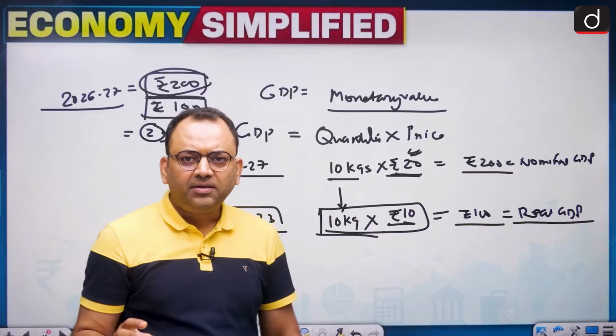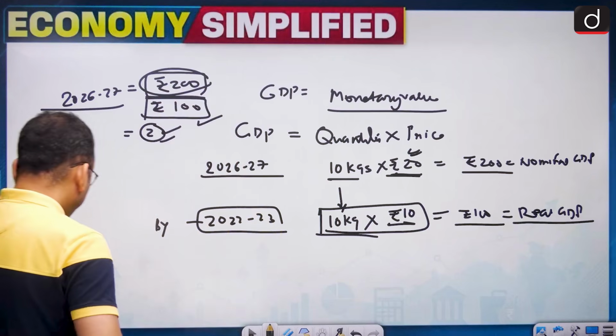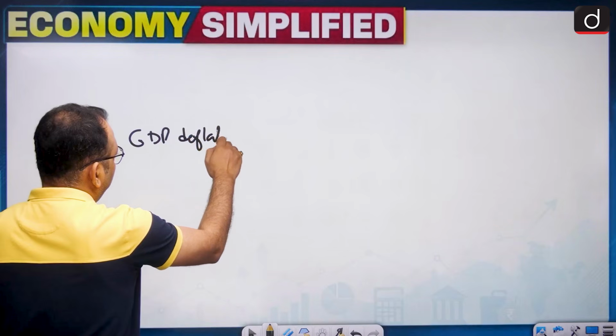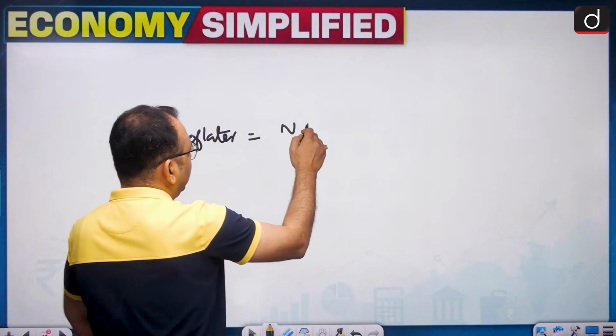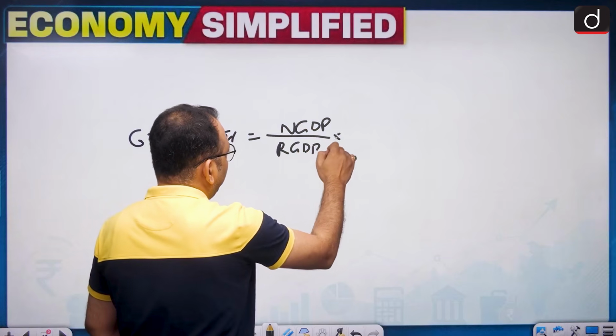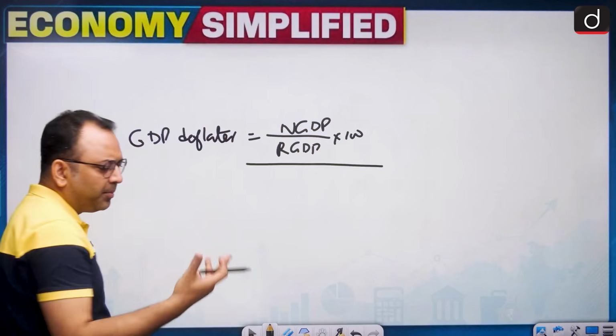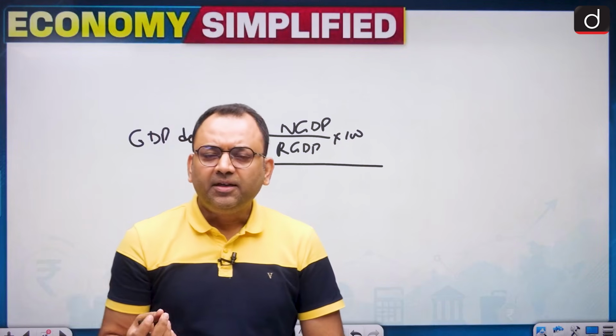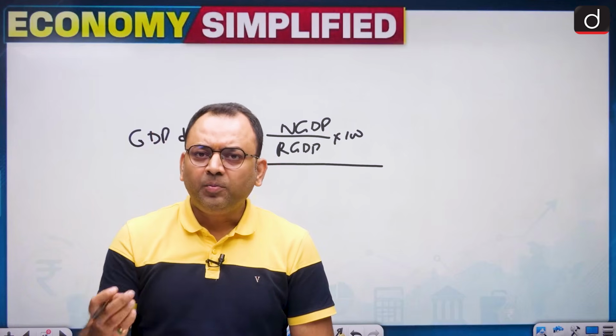The other thing is GDP deflator. GDP deflator is the nominal GDP to the real GDP into 100. It's a number which shows how much percent the GDP is inflated, which should be deflated.